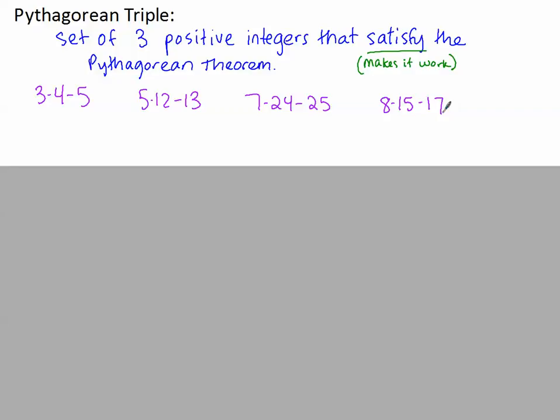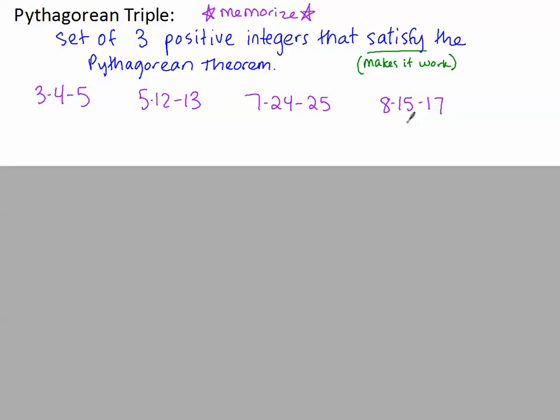And if we want to save time, make our lives easier, and not have to do as much work, we want to memorize these triples. So let's write ourselves a note to memorize these triples. These are going to help make our lives a lot easier. So we see 4 of them, and obviously we can memorize these, but it's also good to know that any multiple of these triples creates another triple.